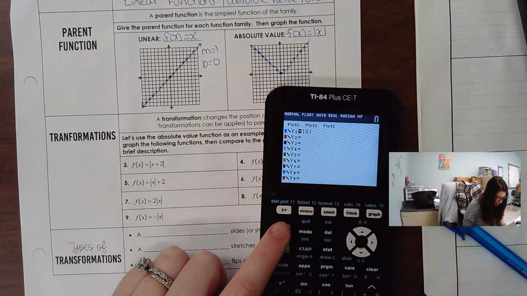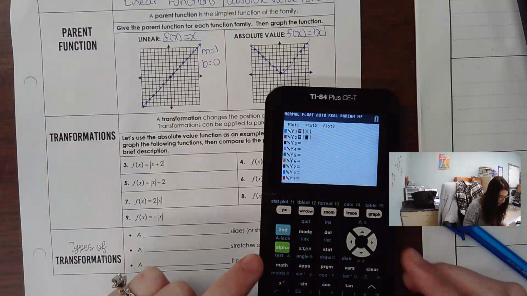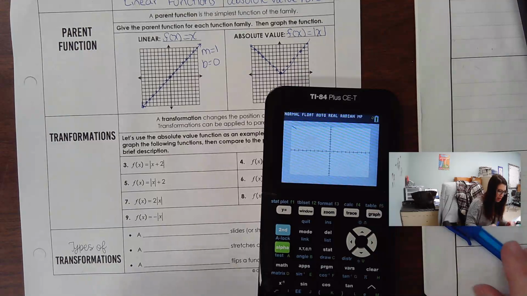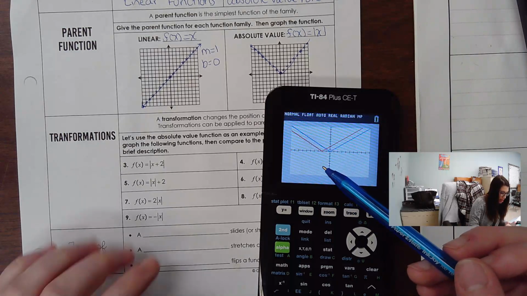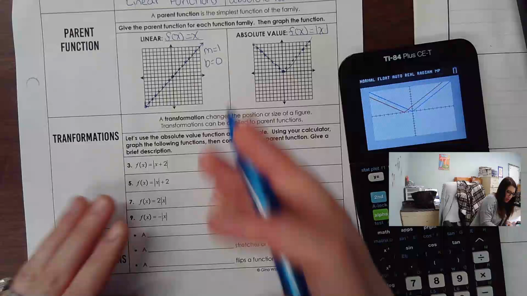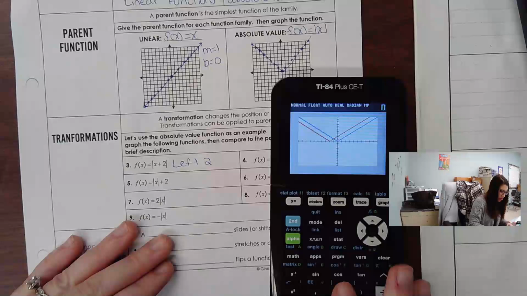So then I'm going to hit second math number, absolute value, and we're going to put x plus 2. And I'm going to hit graph. So the first one is our parent function, and then the red one is our x plus 2. And notice it just went to the left 2. So left 2.